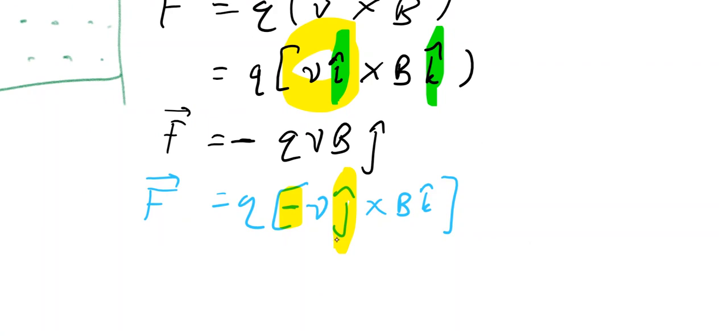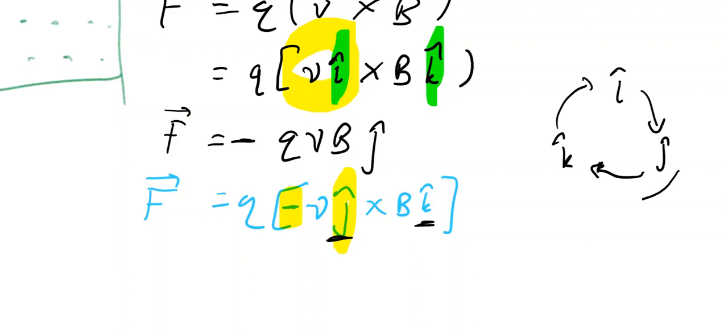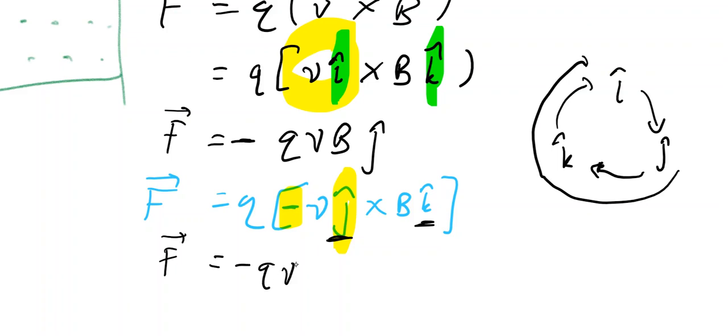Now what is J cross K? We know that I cross J gives me K. Okay, K cross I will give me J. And what if I take J cross K? I will get I. But I have a negative sign. So I'll have F is equal to minus QVB I cap.